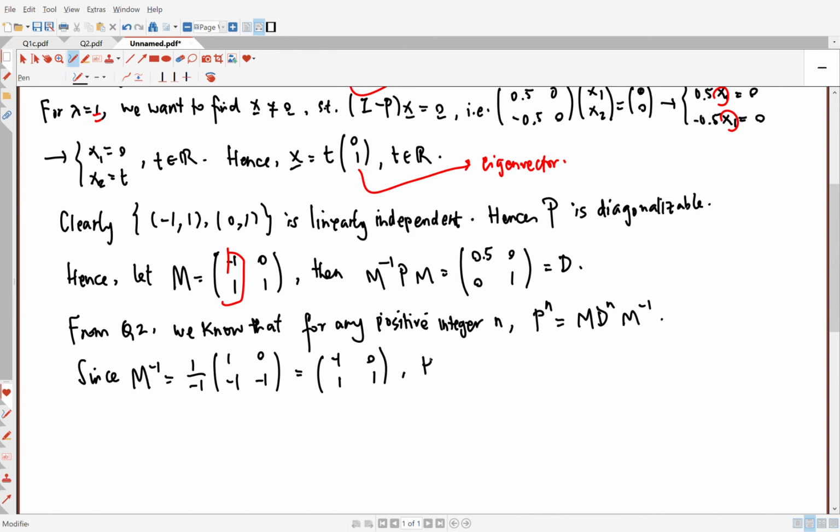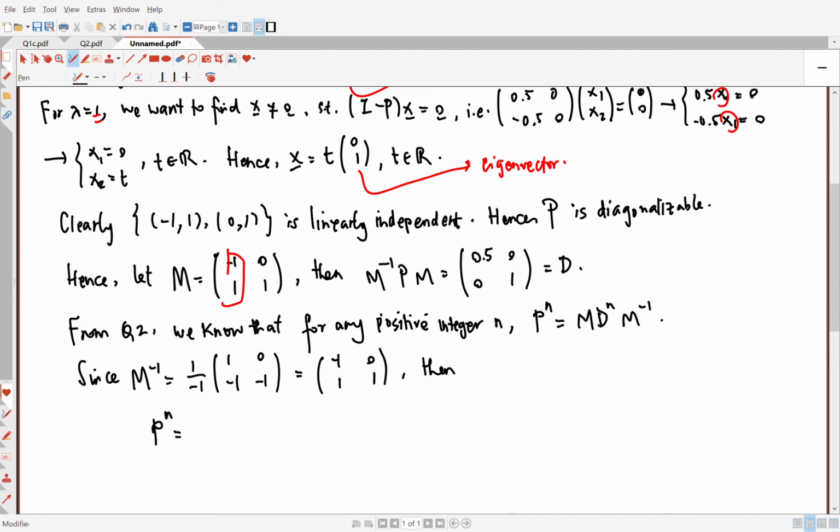Then P to the power of n is just M, which is (minus 1, 1; 0, 1), times D to the power of n, which is 0.5 to the power of n, 0, 0, 1 to the power of n, which is just 1, and then M inverse.